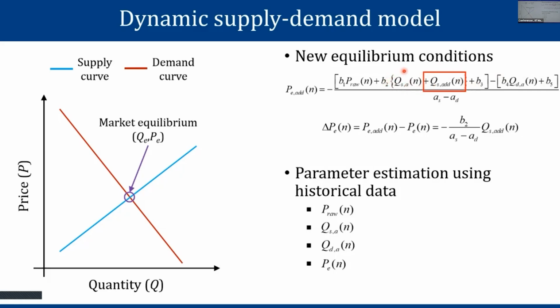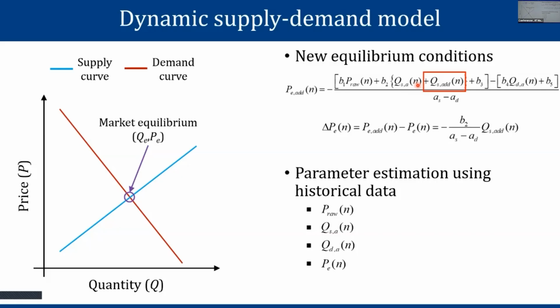QSA is the amount of product produced from the existing plant, and QSAD in this case is the amount of product produced from the CCU plant.